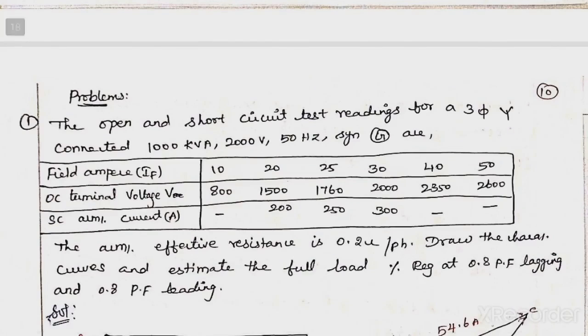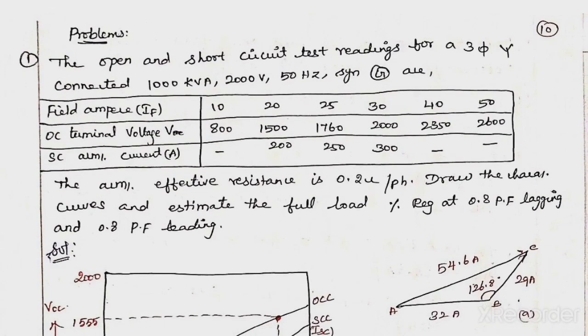Here are the open and short circuit test readings for a 3-phase star connected 1000 kVA, 2000 volt, 50 Hz synchronous generator. The field currents are 10, 20, 25, 30, 40, 50, and the OC voltages and SC currents are listed here.